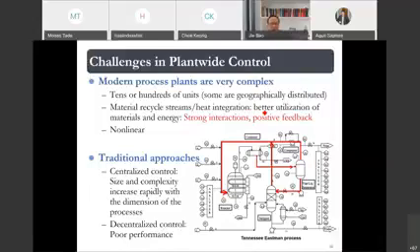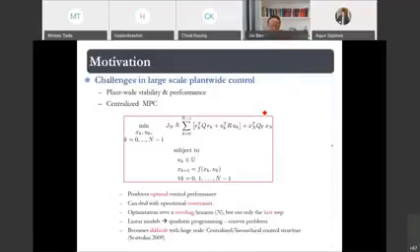That often leads to poor control performance, and sometimes even cannot guarantee the stability of a plant-wide system. So the distributed control would be a natural middle-ground solution.